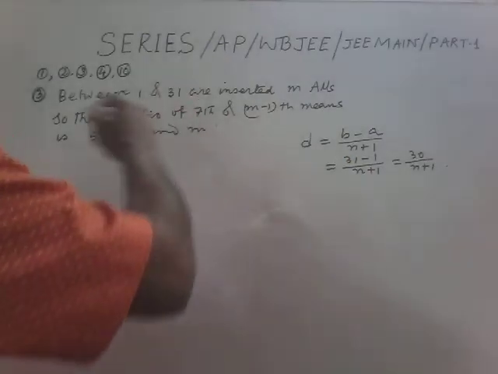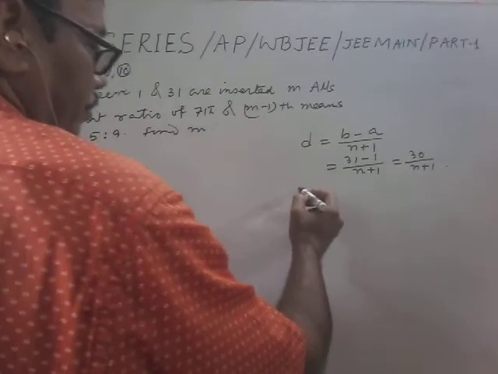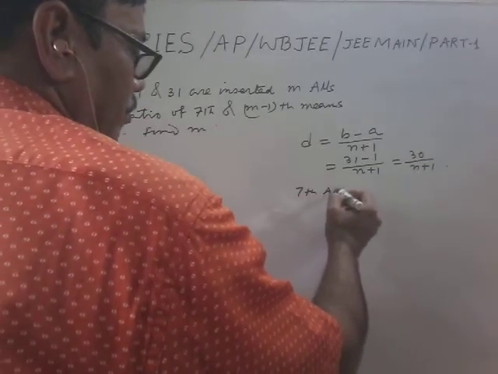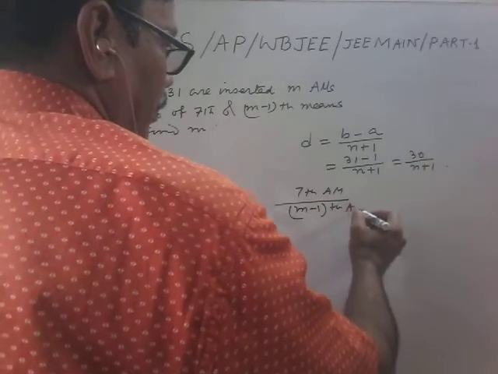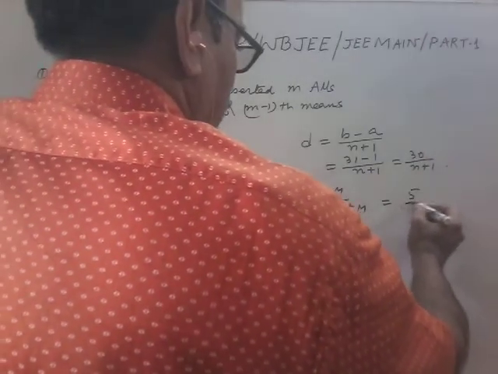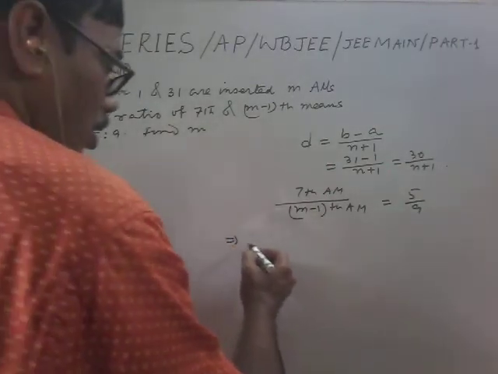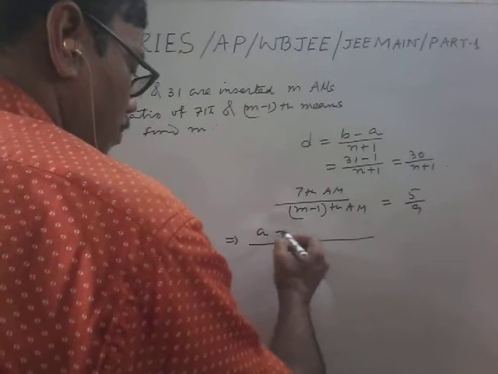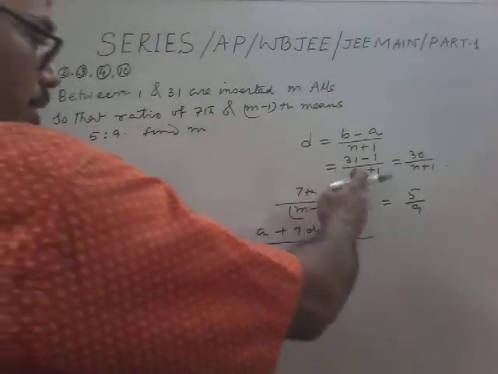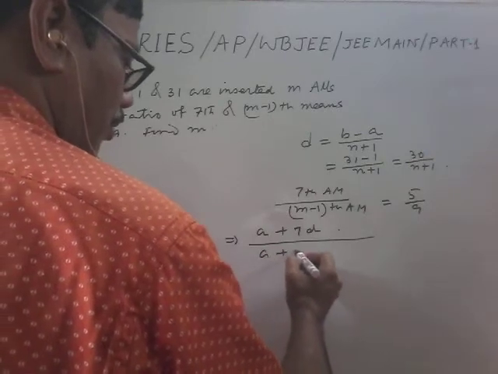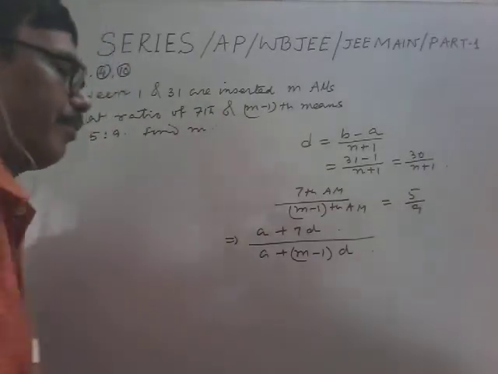And it is given the 7th AM. So the 7th AM by the (m minus 1)th AM equals 5:9. So the 7th AM, recall, it is a plus 7d, not 6d. The (m minus 1)th AM is a plus m minus 1 into d.